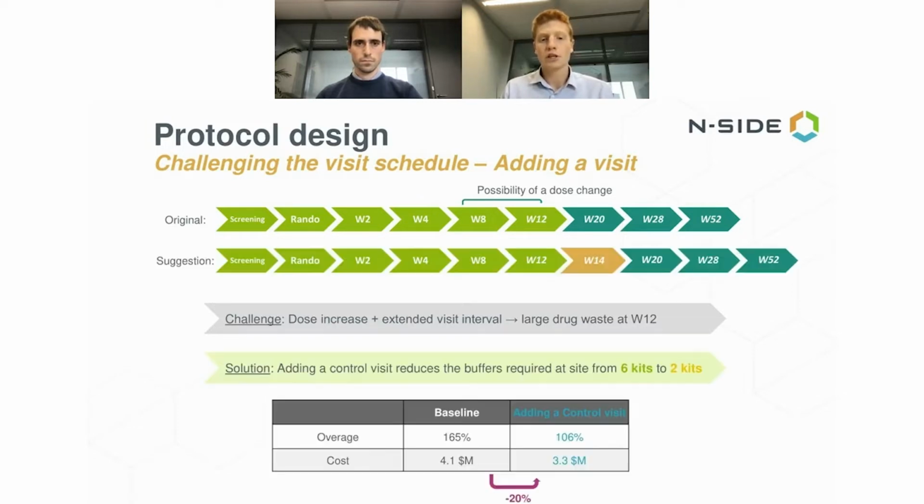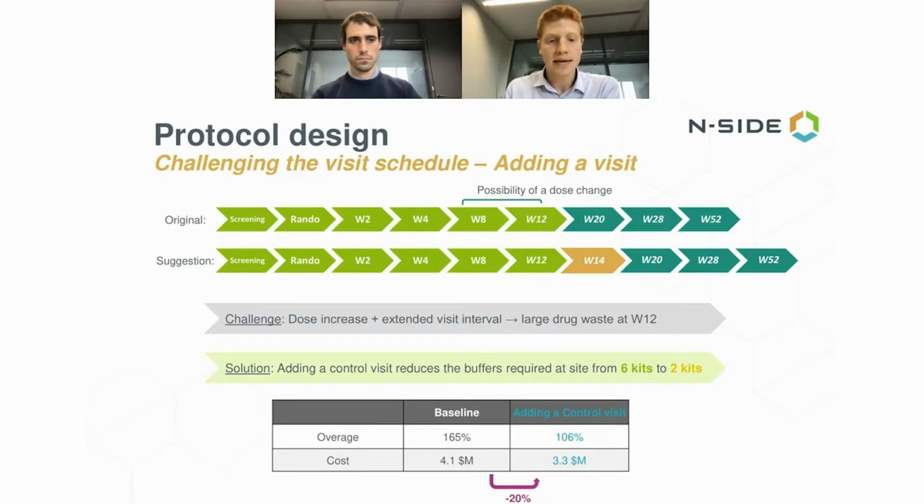So our suggestion was, instead of letting the treatment like this, maybe we could try to add a visit, what we called a control visit, 2 weeks after the week 12. So in this case, when the patient came, they would receive only 2 kits. So we decreased then the level of buffer from 6 to 2. And they should just come back 2 weeks after to get the rest of the treatment.